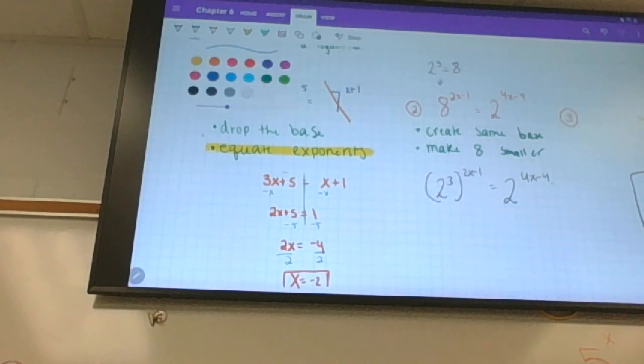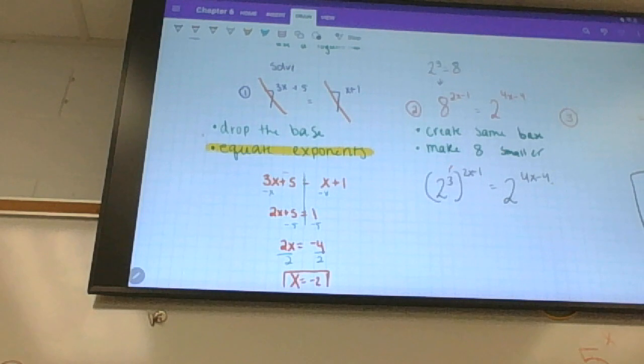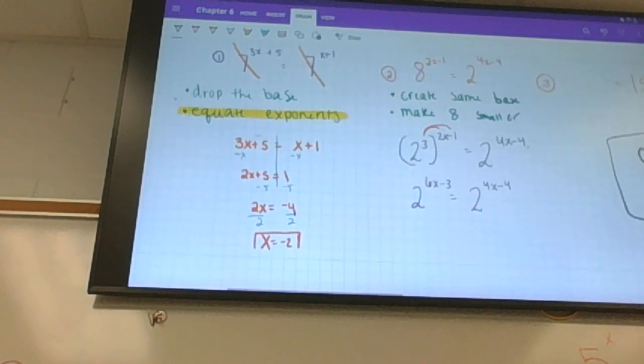Then I'll use the properties. I will distribute. That's the power property, distribute. That makes it 6x minus 3. And now we're back to the same base. You go right back to what we did on number 1. You can drop the base and equate exponents.